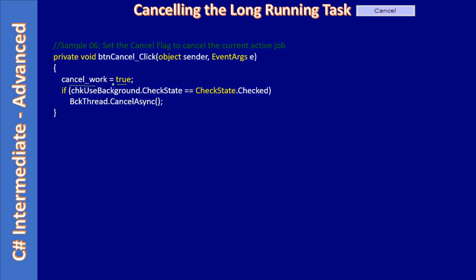In that case, we make a call to cancel async. This cancel async will cancel the do work event handler function, but for this method to work, we need to set the boolean property to true, which we discussed in the previous video.